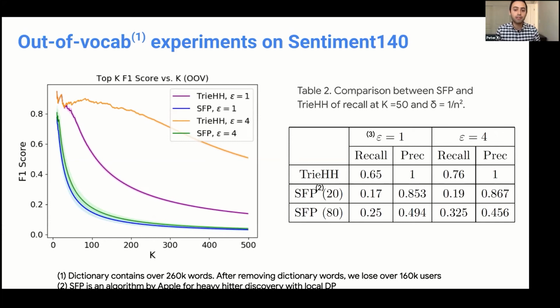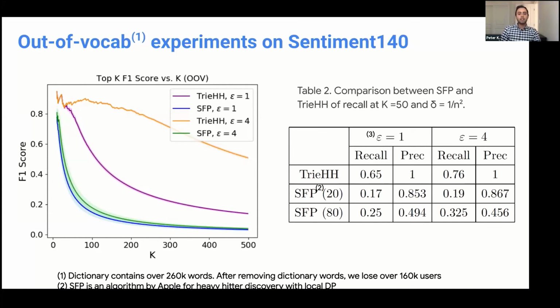And we've run our algorithm, and we've compared it to what's shown as SFP. SFP stands for Sequence Frequency Puzzle. It's an algorithm by Apple for discovering out-of-vocab popular words. And we're doing a comparison with them by showing the performance of our algorithm, which is TrieHH. I'm plotting the F1 score as a function of top K. So on the x-axis of this plot, I can either focus on the top 100 words in the data set, or top 200, 300, and so on.